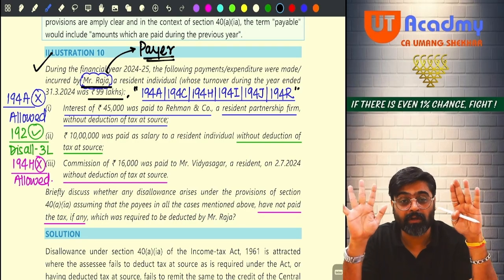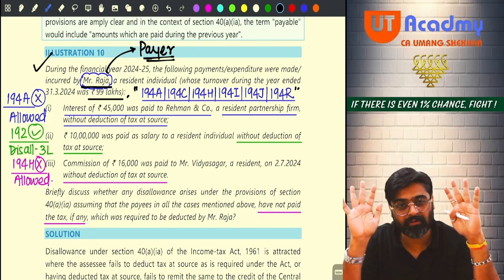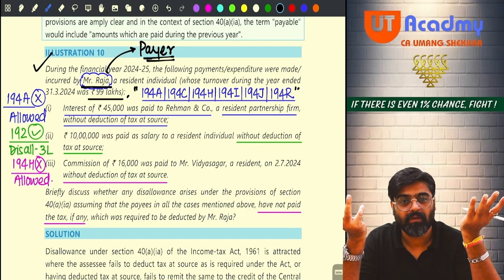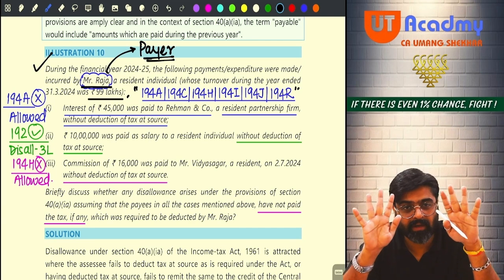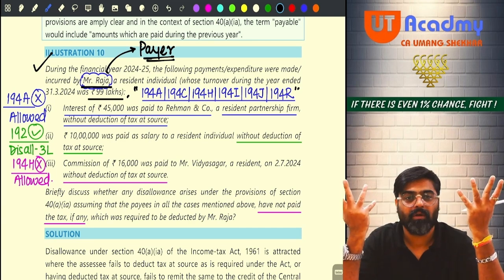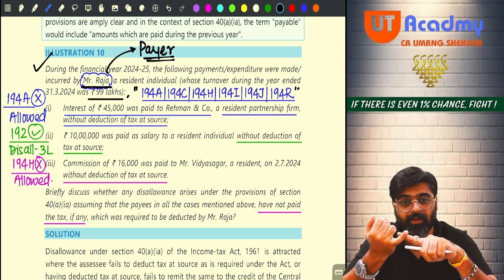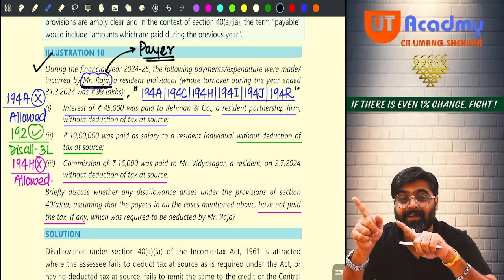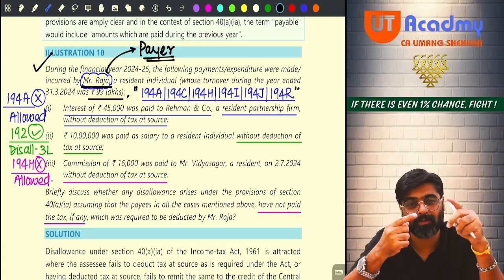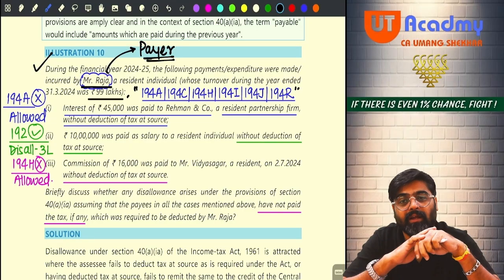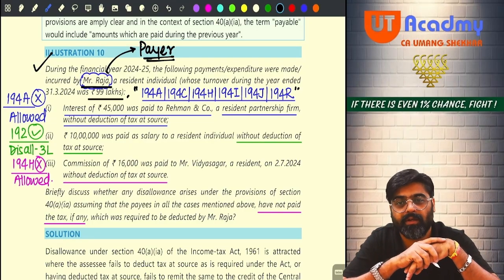Hence, you have not deducted TDS. Have you done something wrong? No. Have you committed a default of TDS provisions? No. So you are not treated as an assessee in default also. And for you, the interest which was an expense will be allowed as a deduction. So this interest will be allowed in the hands of Raja. Did you understand?